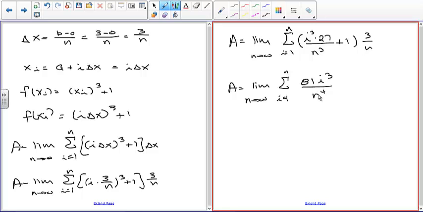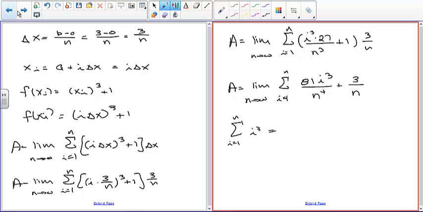So n cubed times n is n to the fourth. 27 times 3 is 81, i cubed. Then you get plus 1 times 3 over n, so we get 3 over n, like that. Now we have to go back and find the formula for the summation from i equals 1 to n of i cubed.